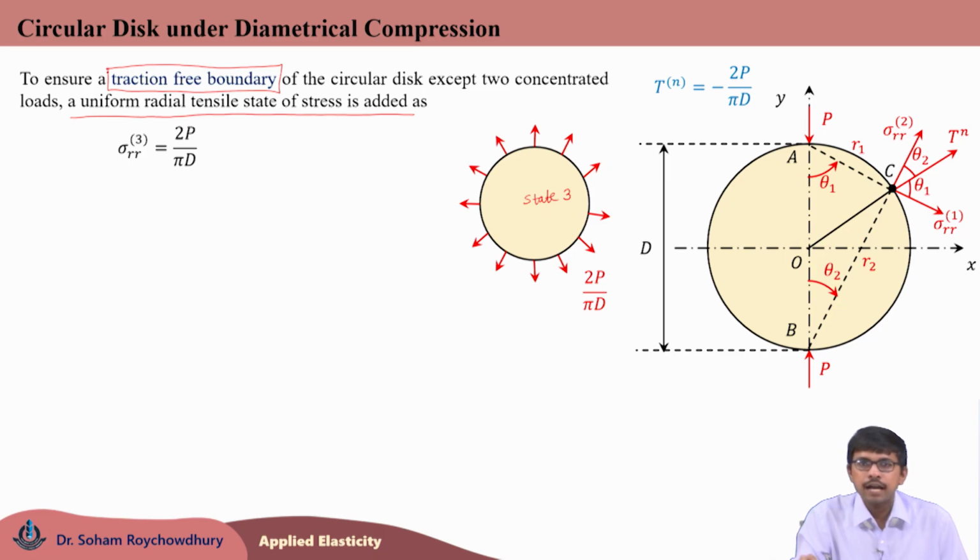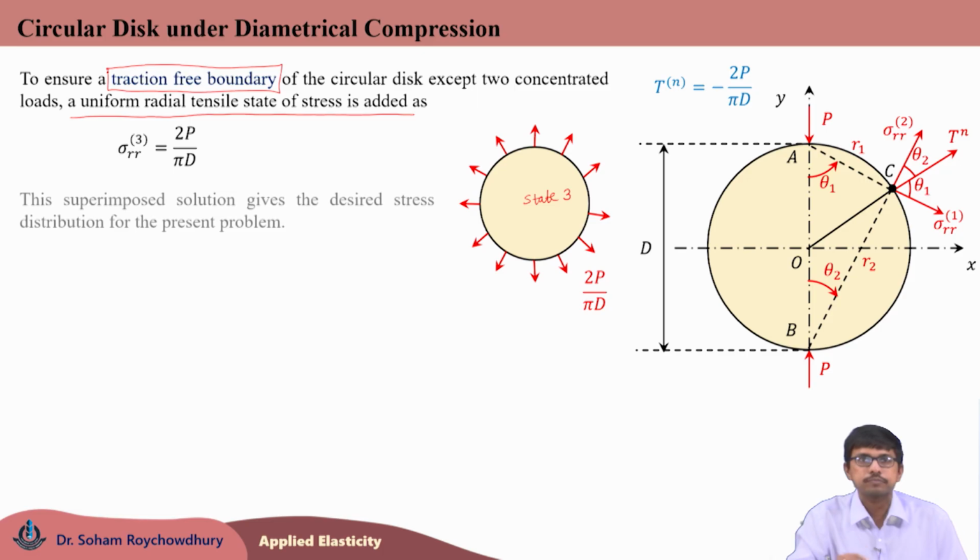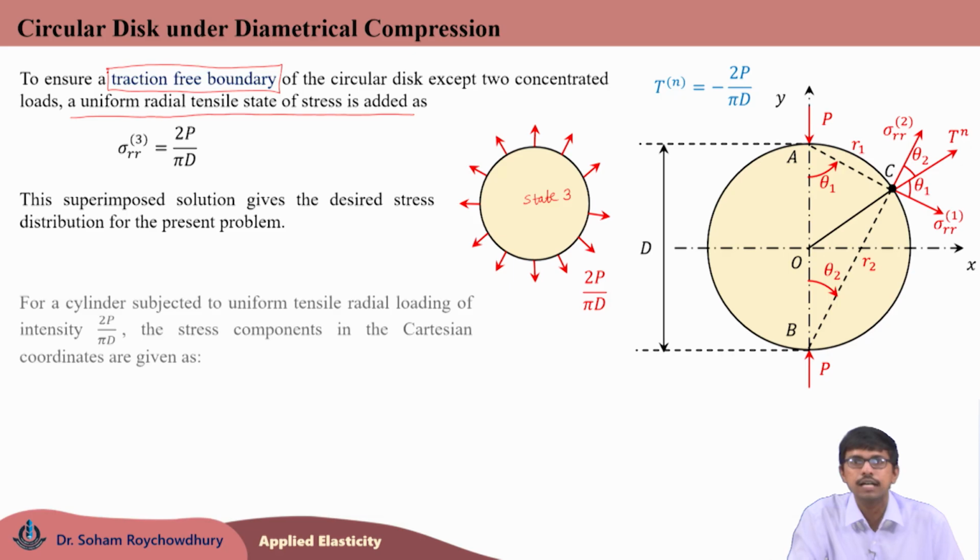To make the diameter d surface boundary stress free, we are adding the third state of stress with sigma RR3 to be 2p by pi d, which is purely radial tensile stress about the center point O. Hence, the superimposed solution of these two Flamant solutions and this third one, the uniform radial tensile loading, would give us the total solution of the problem.